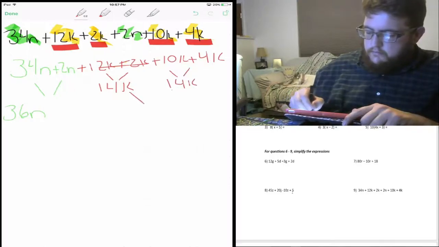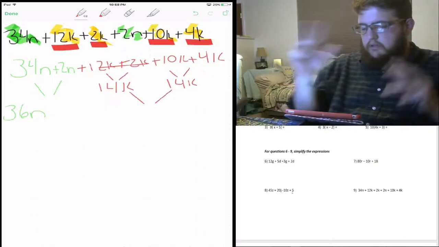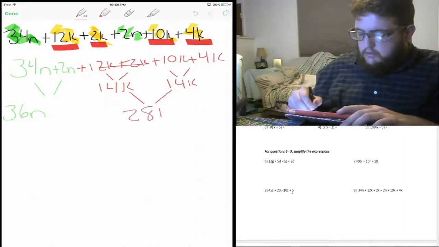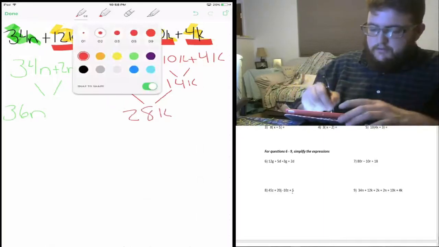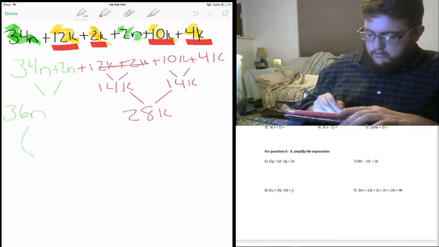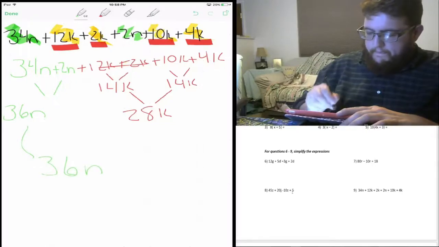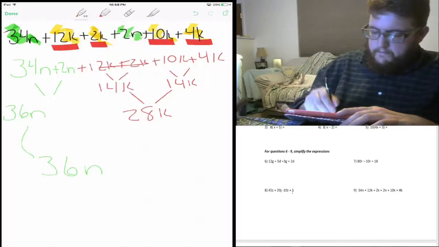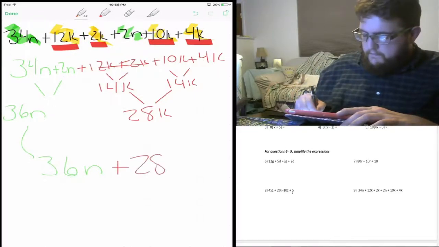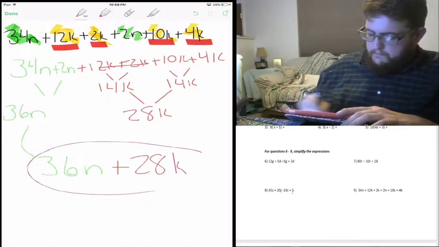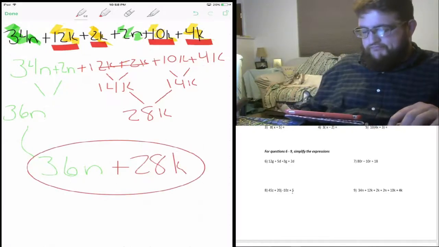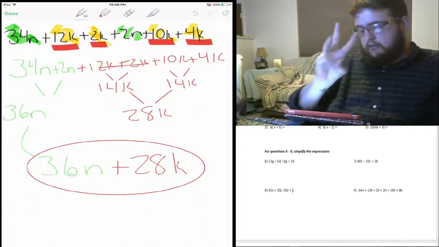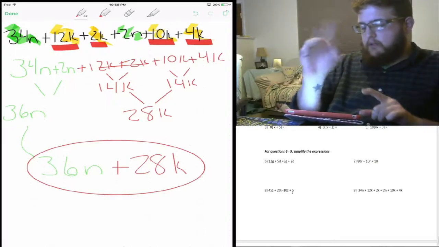I'll combine both of my 14k's together, and that should give me 28k. So my answer will be 36n plus 28k. If I can get my pen to work, there we go. And that's my answer. So notice we have that huge expression, and we're able to bring it down to two terms, 36n plus 28k.